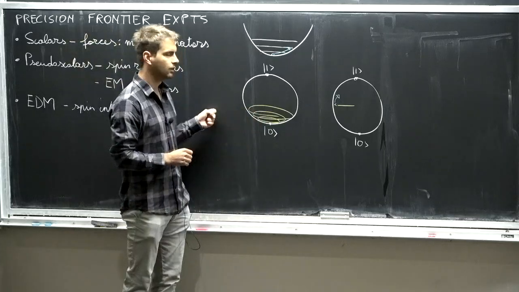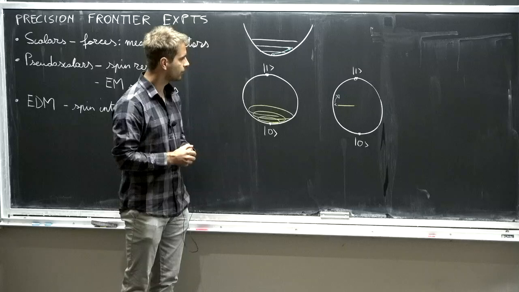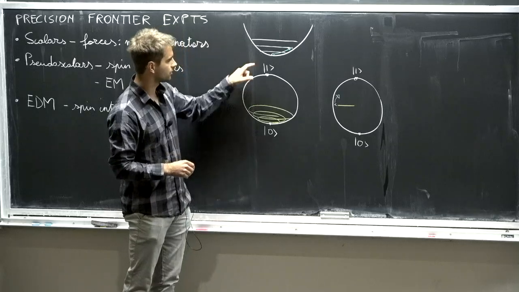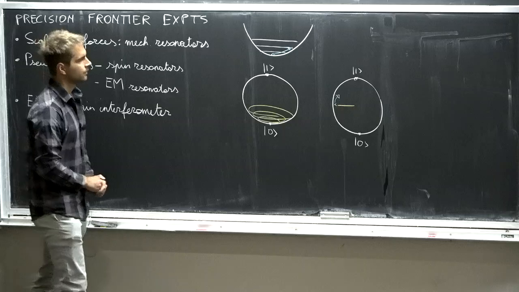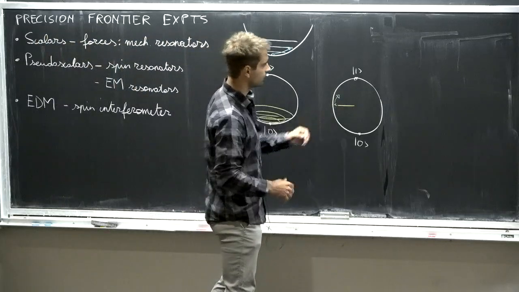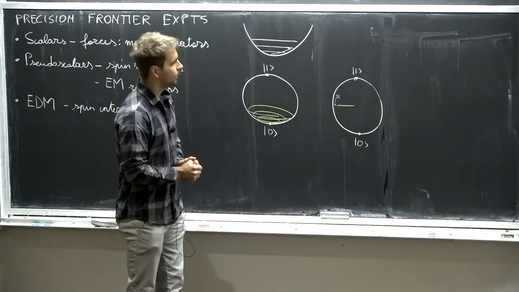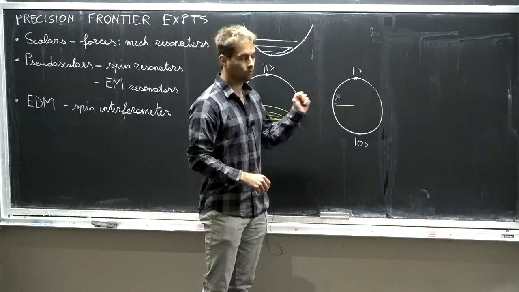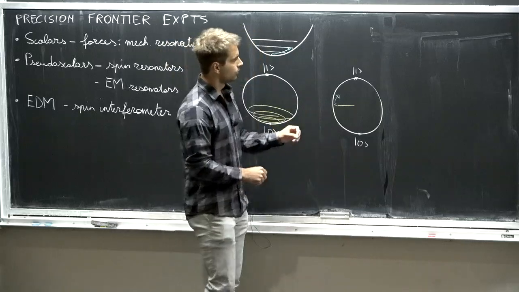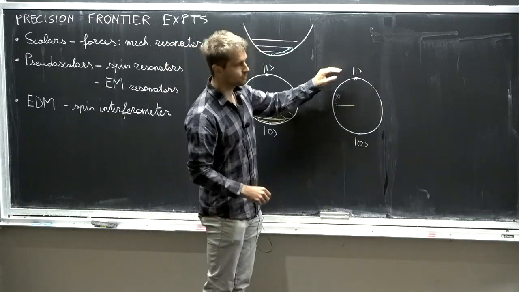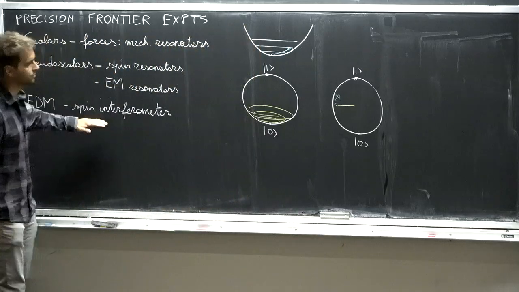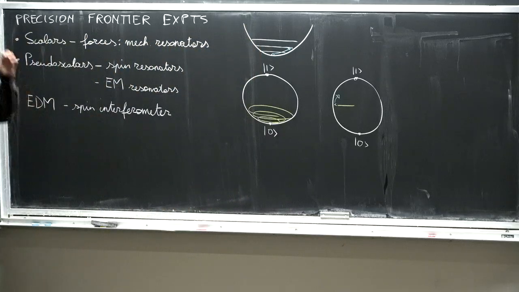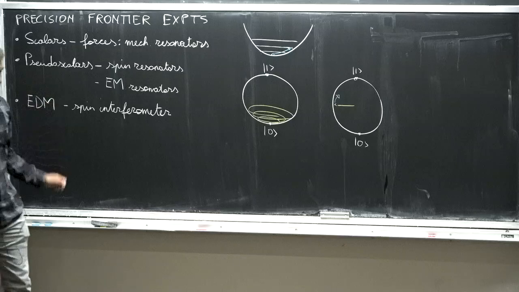Resonant meaning your driving frequency matches the energy difference between the 2 states. And the second case is an interferometer, where you look for small phase shifts due to, let's say, small energy differences between these 2 states. That will be the case for a spin interferometer and is also the case for an atomic clock, essentially.